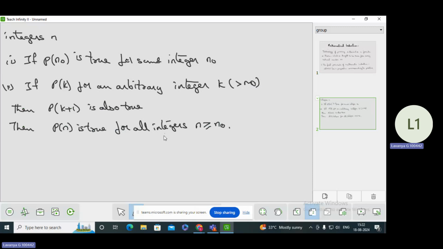So based on the first principle of mathematical induction, let us go into some one or two problems which may make you familiar with this concept.